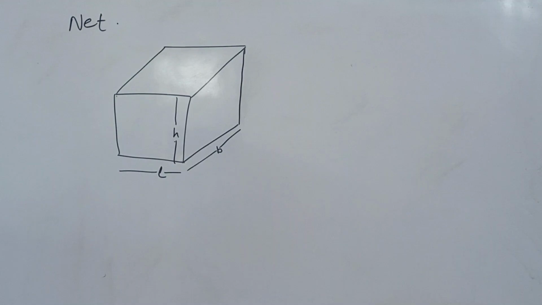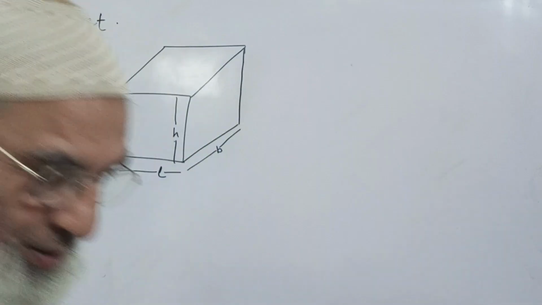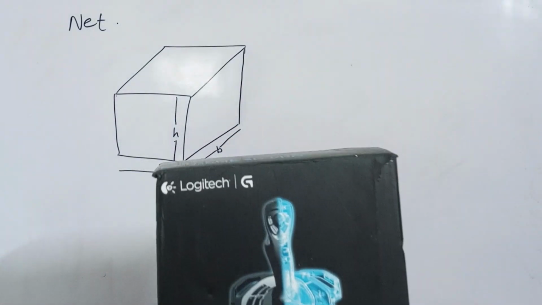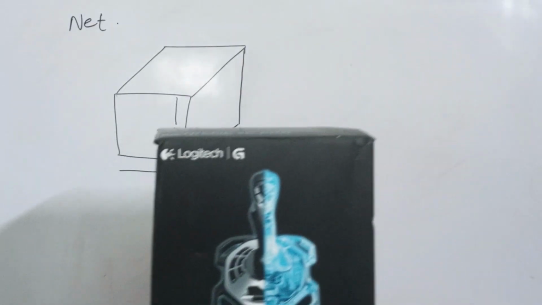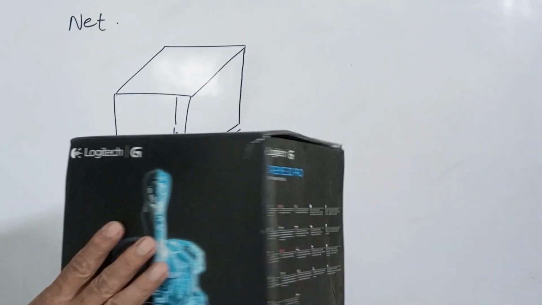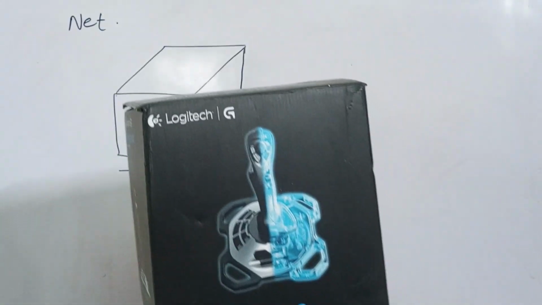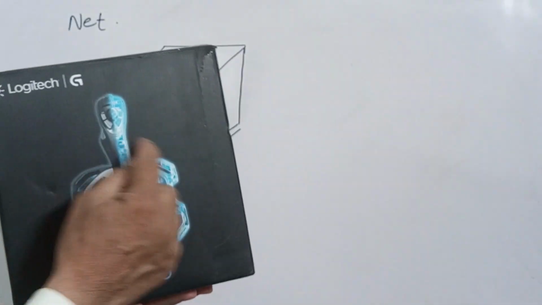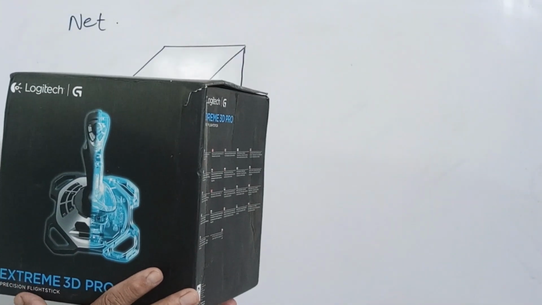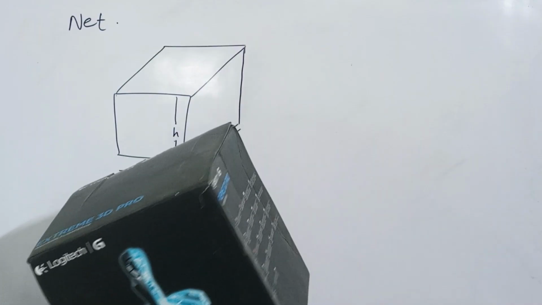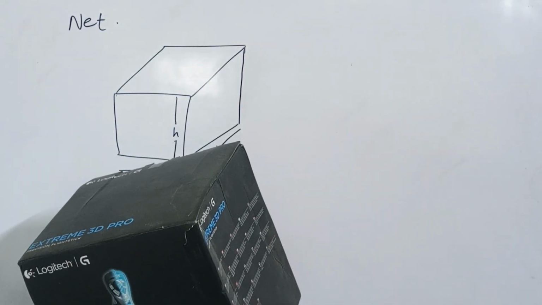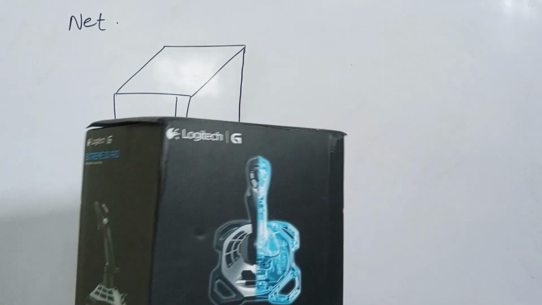I'll show you cube as well. Let me show you cube first, then I'll show you cuboid. See, this is a box. This is a box, Logitech. It is a headphone. It is a precision flying stick.